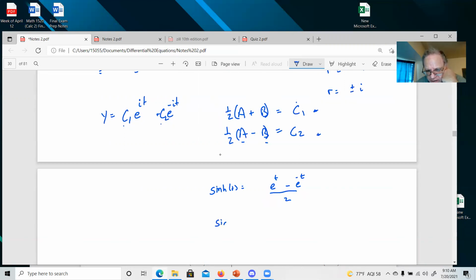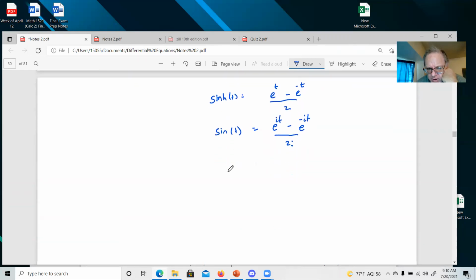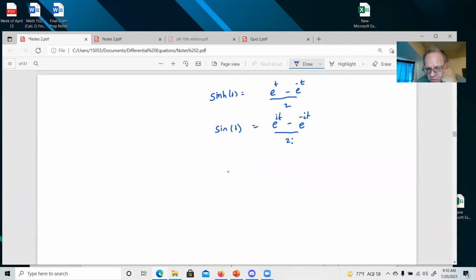And then we drew an analogy to sine t, and we said this was e to the it minus e to the negative it all over 2i. Okay, and the same thing going on here, where cosine of t was equal to e to the it plus e to the negative it over 2.